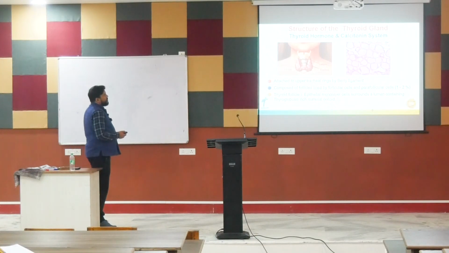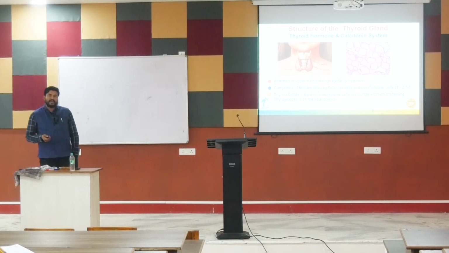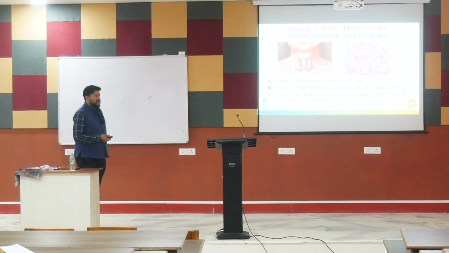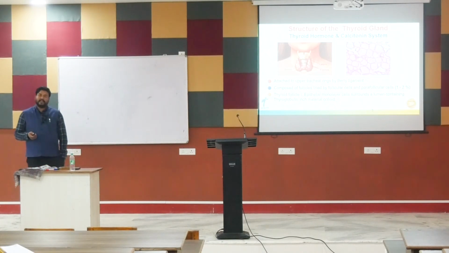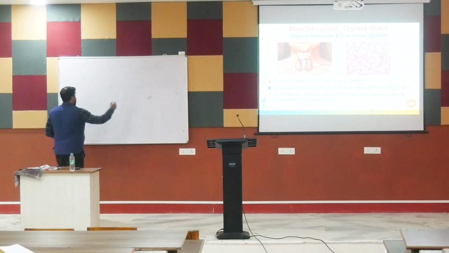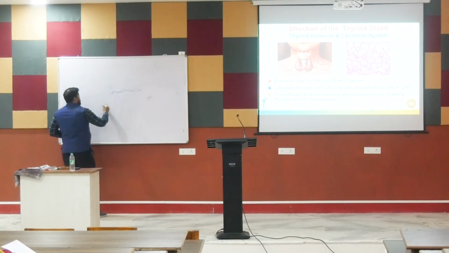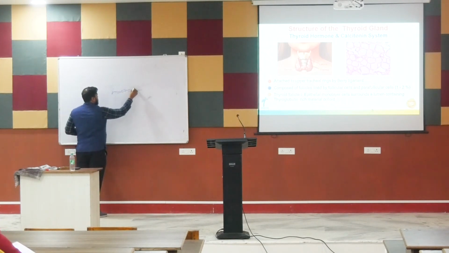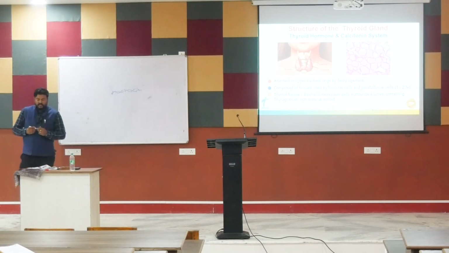And this thyroid follicle is composed of colloidal structure. This colloid contains some important molecules. One of these is thyroglobulin. Have you heard the name thyroglobulin? So thyroglobulin is a molecule.